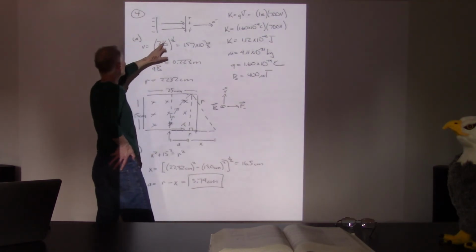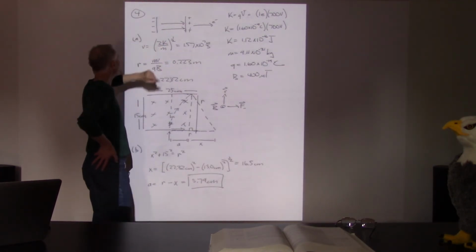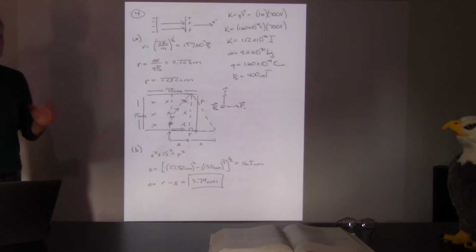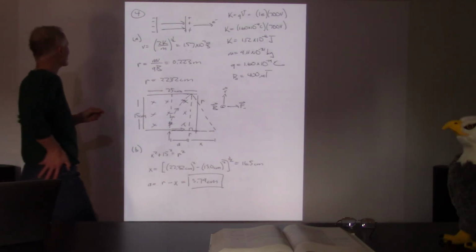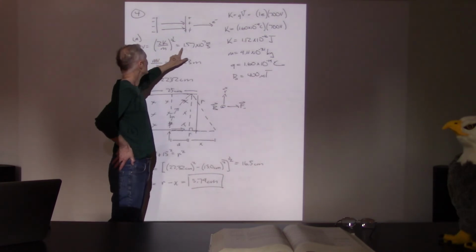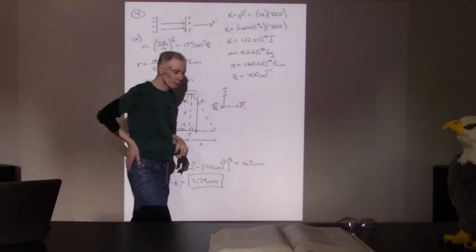Now, we can take that kinetic energy, 2 times the kinetic energy, divide by the mass. This is the old kinetic energy, 1/2 mv squared. It looks a little different because we're solving for v, but that's the formula here. It says that the speed of the electrons coming in is 1.57 times 10 to the 7 meters per second.